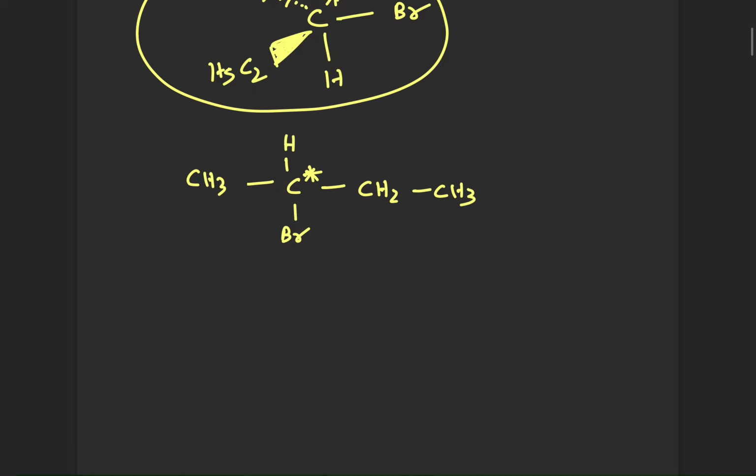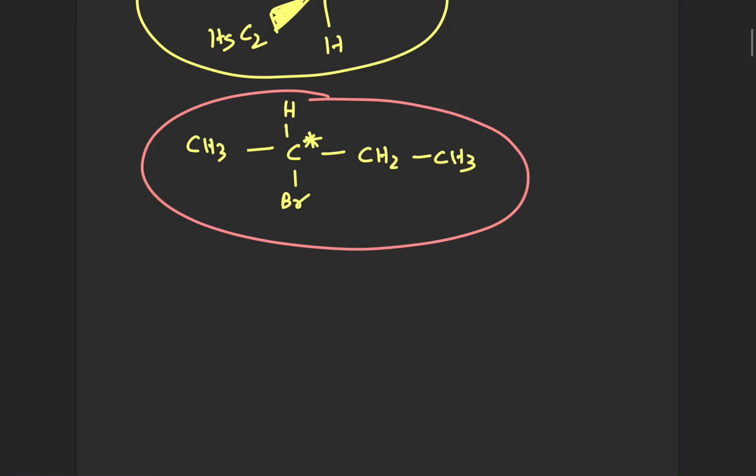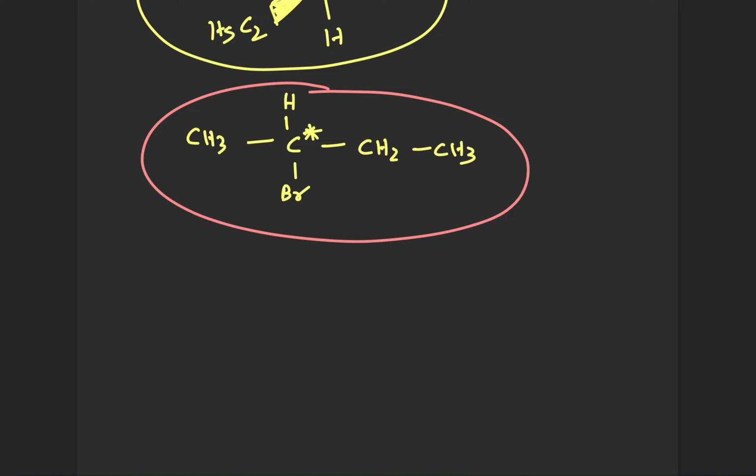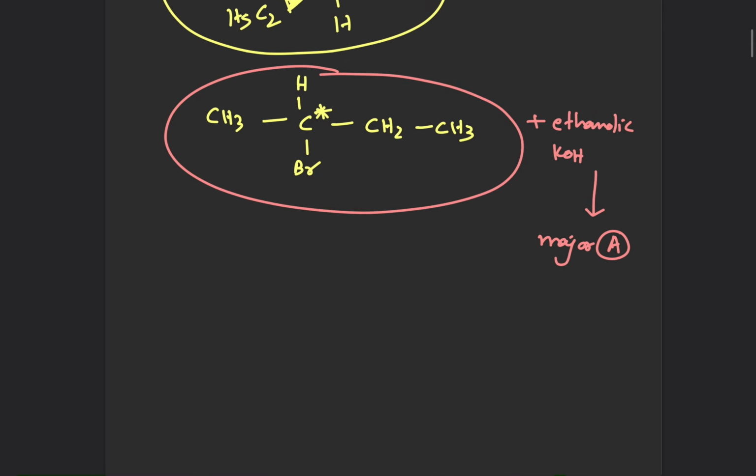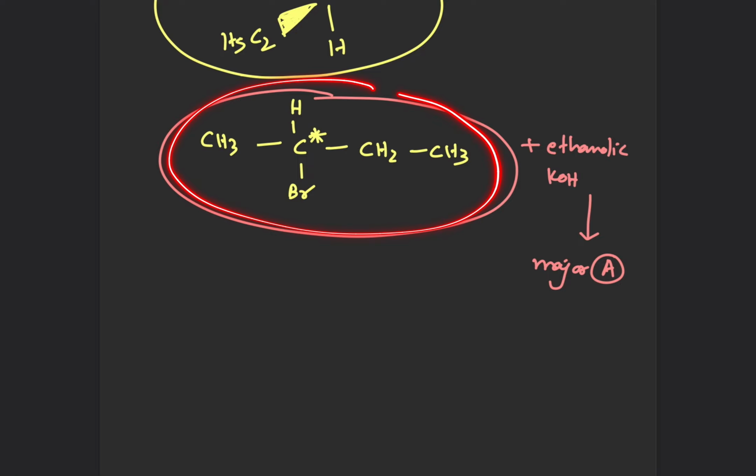Then this guy reacts with ethanolic KOH to form major compound A. Okay, so we should know that when a haloalkane is heated with a concentrated alcoholic solution of potassium hydroxide, a molecule of hydrogen halide, that is HX, is eliminated and an alkene is formed.